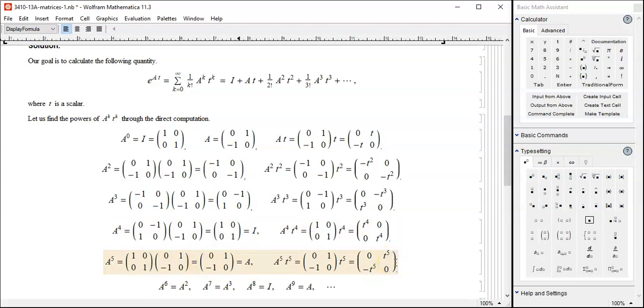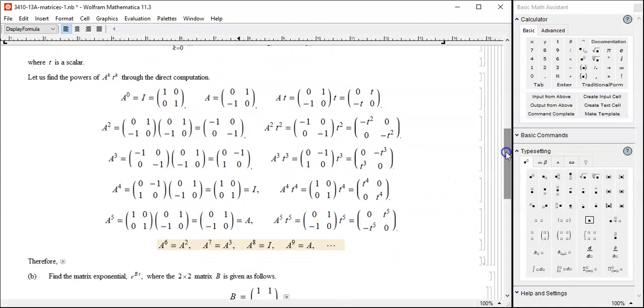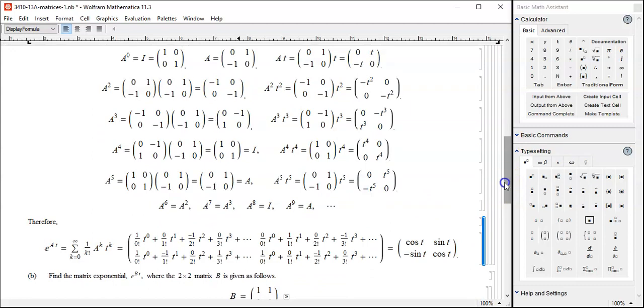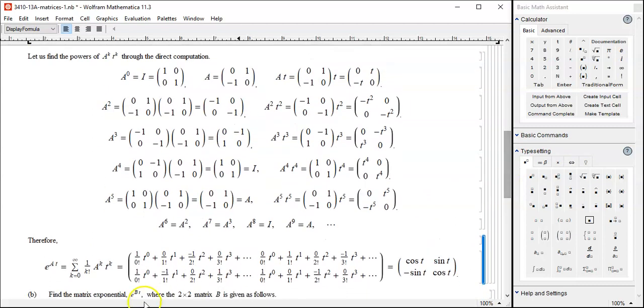And the pattern repeats. We are back to I, and then A squared, and A cubed, and so on. The pattern repeats like this. So add them all, and you're going to get this. Let's see. How about this 1, 1 entry?